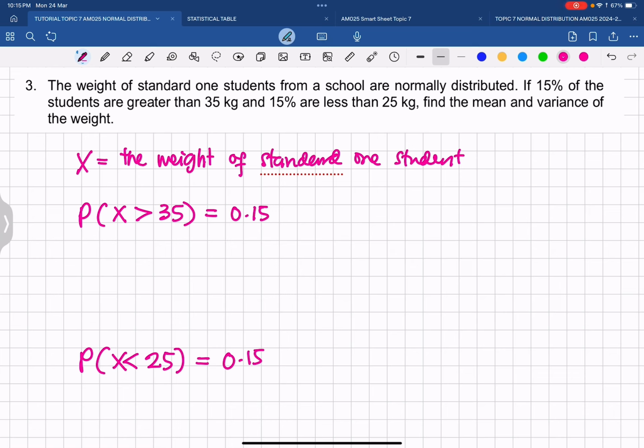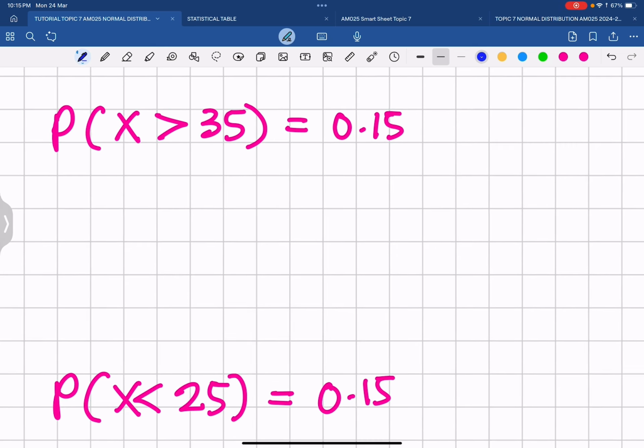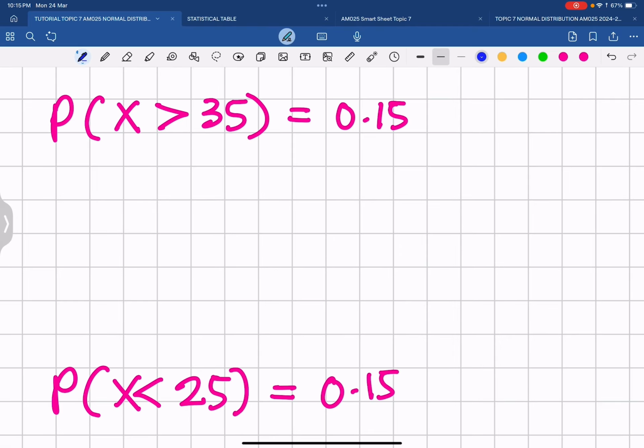Okay, so there are two things that we don't know, which are the mean and variance. So what we have to do is have two equations, and we can probably do substitution or simultaneous equations. Now let's use this information.